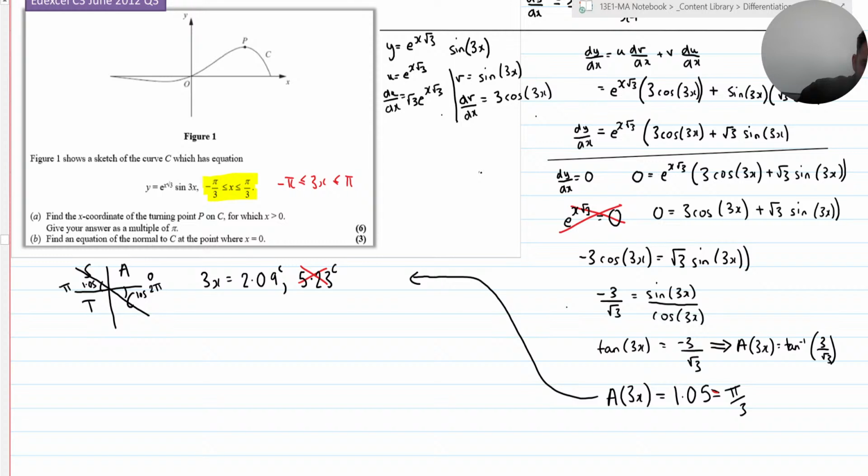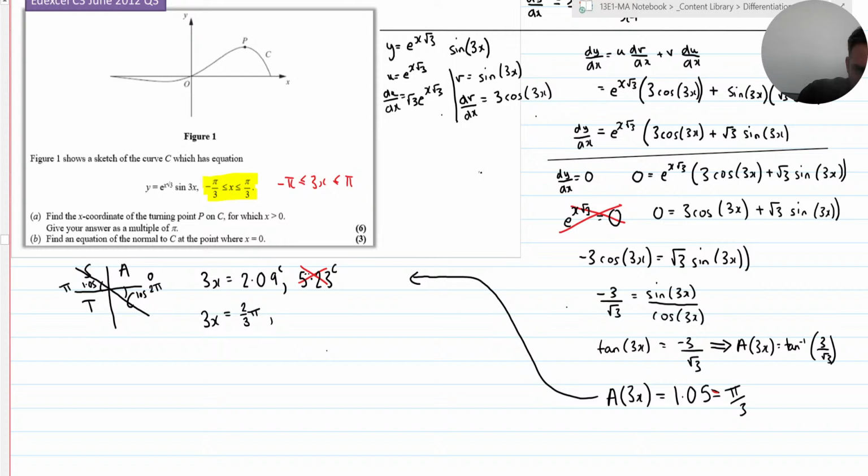So when I do this, 3x is equal to shift pi minus shift pi over 3, which is going to be equal to 2 over 3 pi.